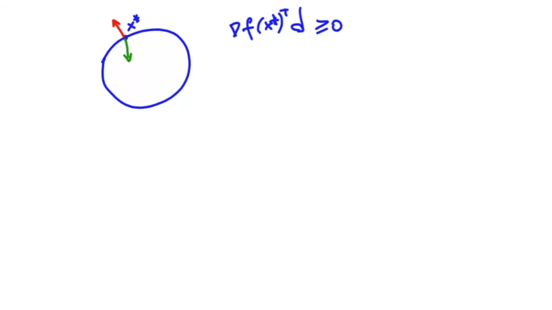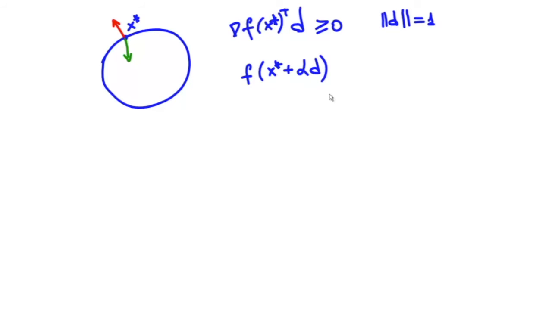We look at the rate of change of the function, right? So the rate of change of the function would be f of x star plus alpha d, where d is this direction we are looking at, and then as before, we can assume that the length of the direction d is 1, so we normalize it. If we do that, then alpha measures exactly the step size that we take from x star in the direction d.